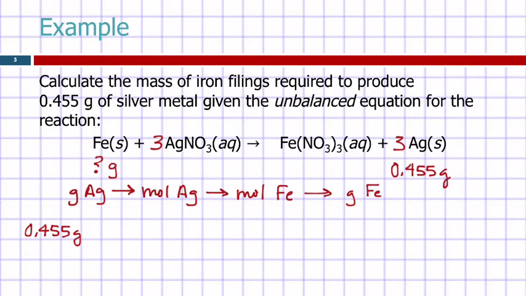0.455 grams of silver. There are 3 fractions because there are 3 arrows. These are the units that go in the numerator. Grams of silver, moles of iron, grams of iron. So I've already got grams of silver. We have moles of silver and moles of iron and grams of iron.